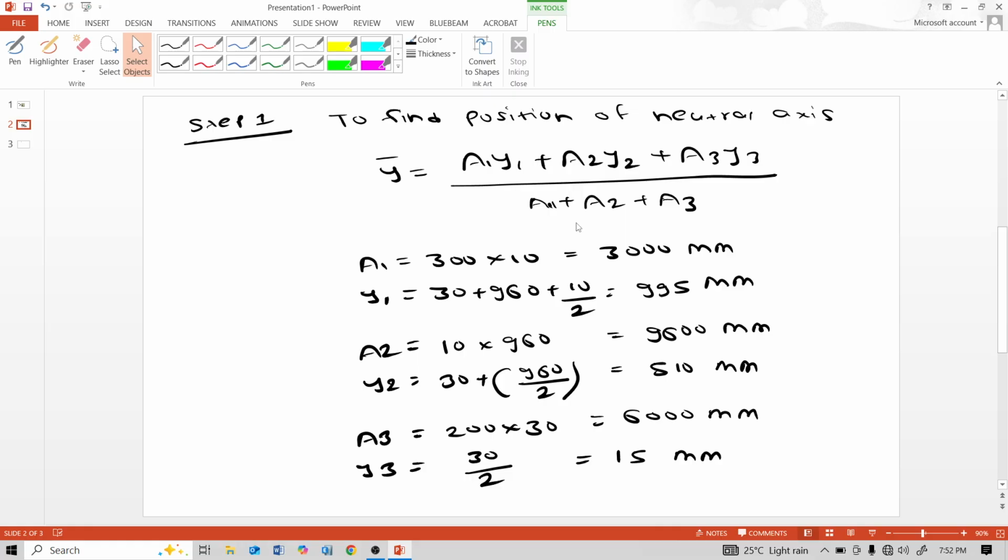Calculate this y bar again. A1 y1 is 3000 multiplied by 995 plus A2 y2 is 9600 multiplied by 810 plus A3 is 6000 multiplied by y3 is 15 divided by A1 plus A2 plus A3, 3000 plus 9600 plus 6000.